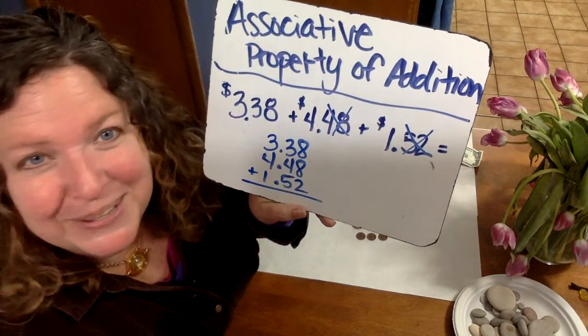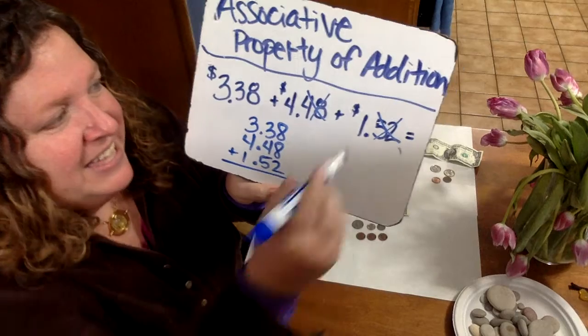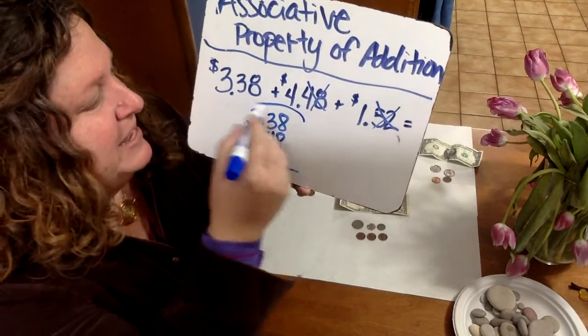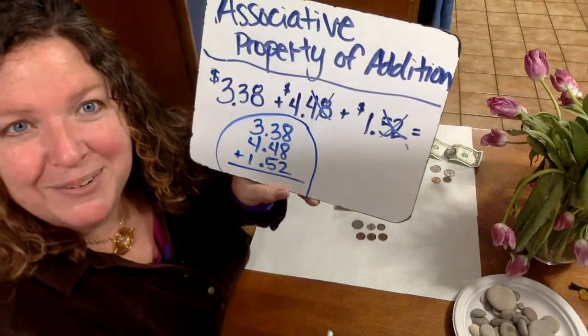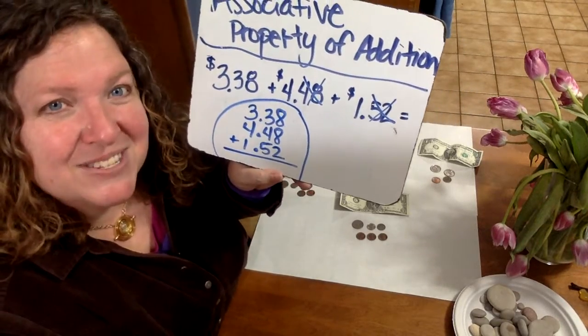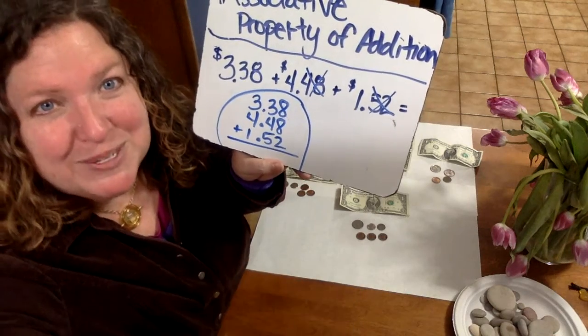But don't let that be your only strategy. If you can use the associative property, you might not even need to line them up and bring them down. You might be able to do it in your head. Let's see what this looks like when we're using multiplication.